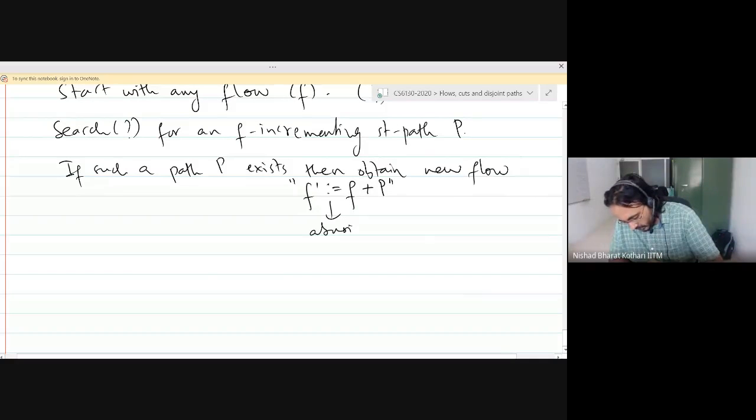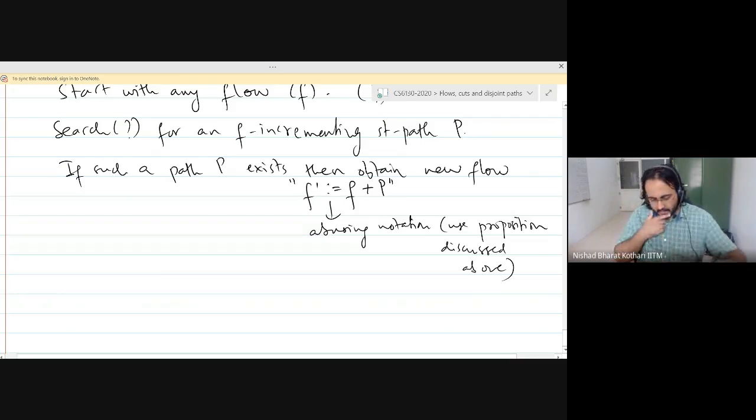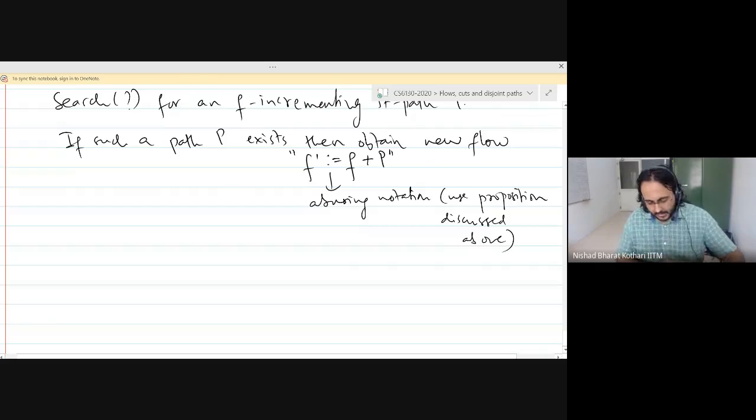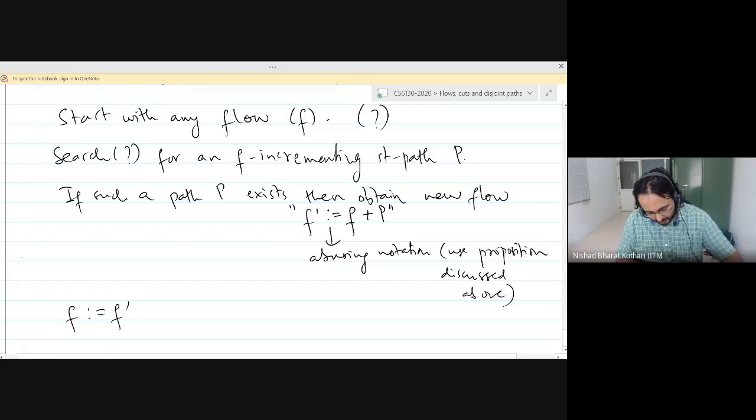Abusing notation to the maximum extent possible, use proposition. Okay, and now you set f to be your flow f prime, and you go back to this step.